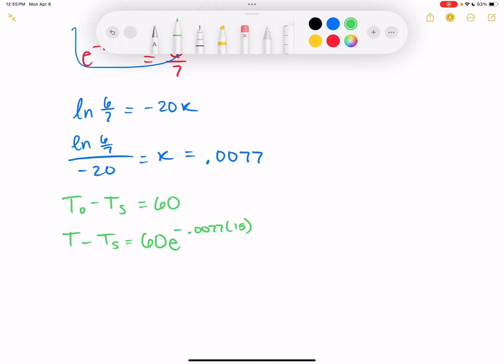And when I'm done with that, that's equal to 53.45 degrees Celsius above room temperature, 15 minutes from now.